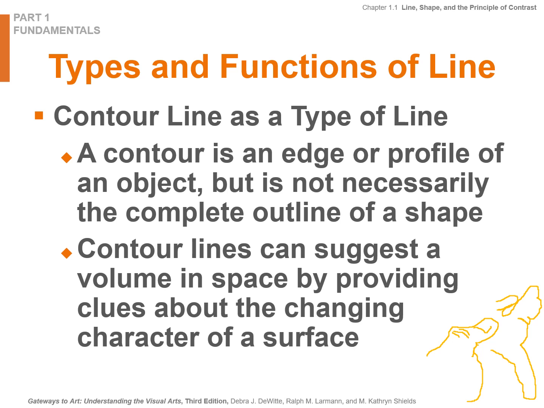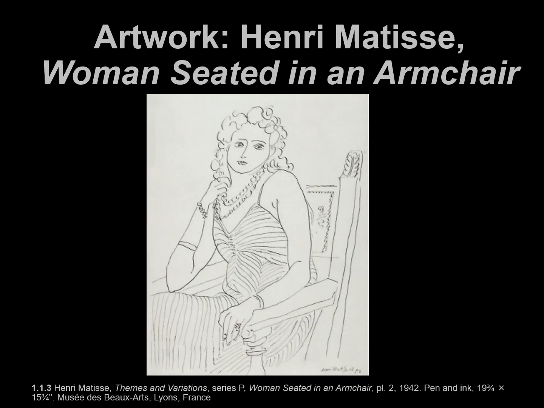And our book even goes on to say that lines can suggest a volume in space by providing clues about the changing character of the surface. In this work by Henri Matisse called Woman Seated in an Armchair, we can definitely see how Matisse is using line in this contour way.